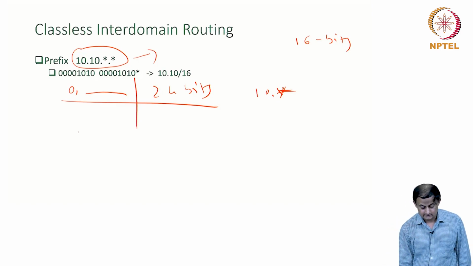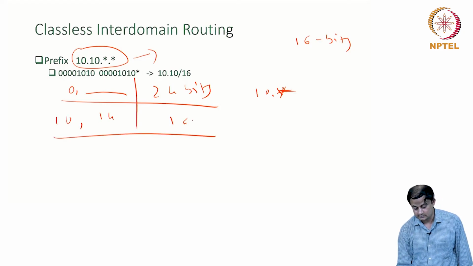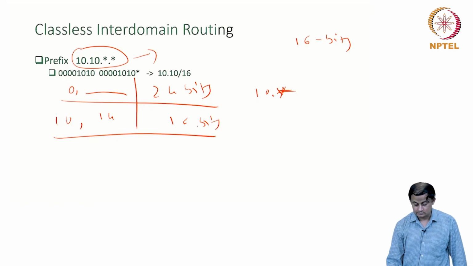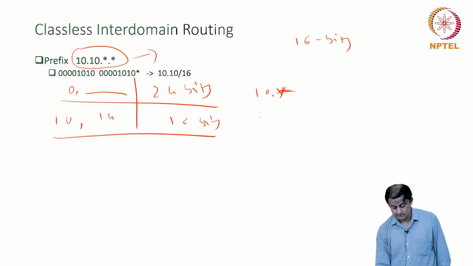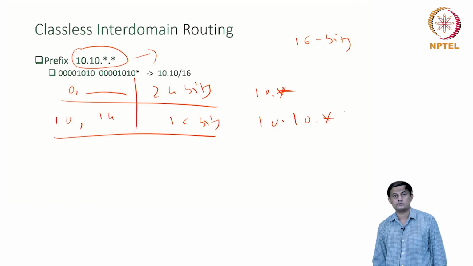If I am using a class B address, then this is 10 and then the next 14 bits and then the 16 bits, and I might say that this is 10.10 star.